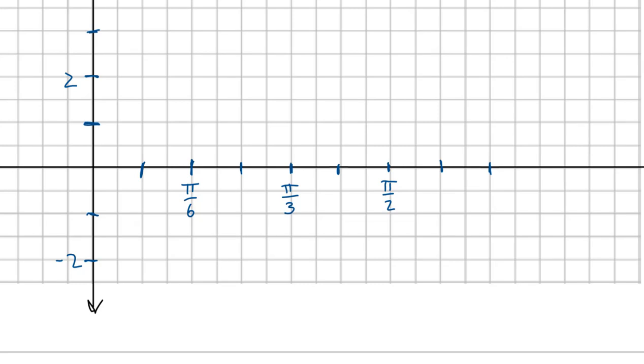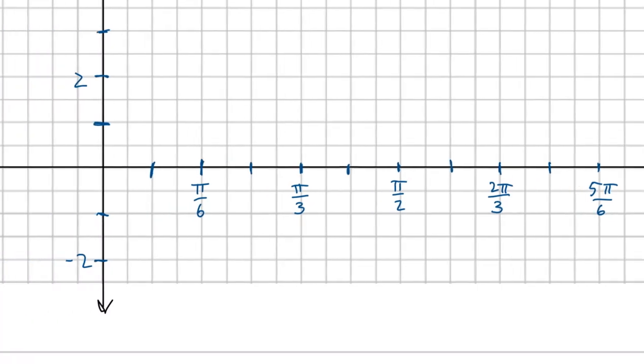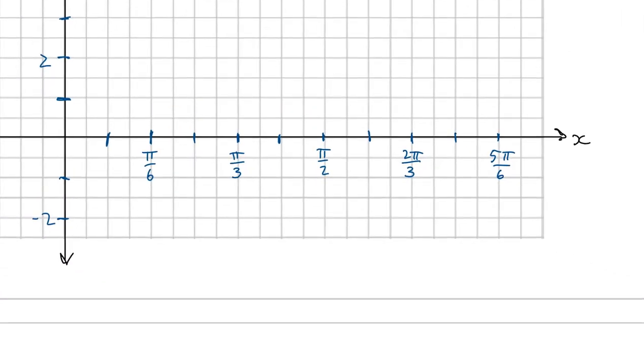What's 8 pi by 12? 2 pi by 3. 9 pi by 12. 10 pi by 12, which is 5 pi by 6. We've gone way past our end, so we didn't even have to go that far. But that's the kind of counting that you have to do.